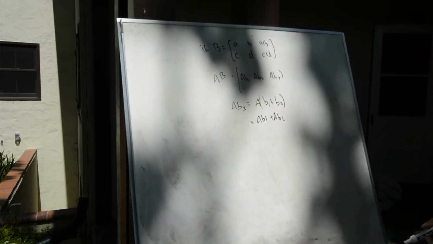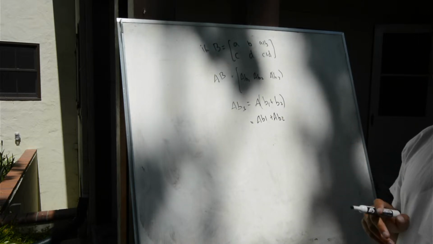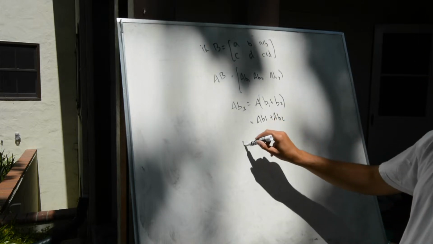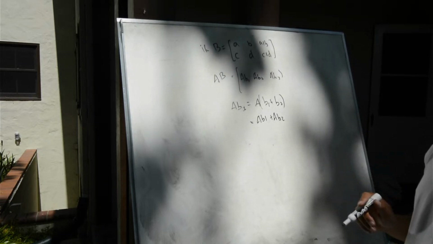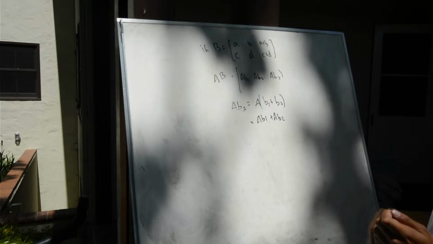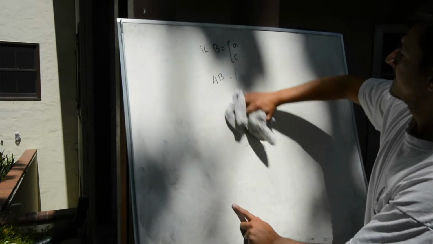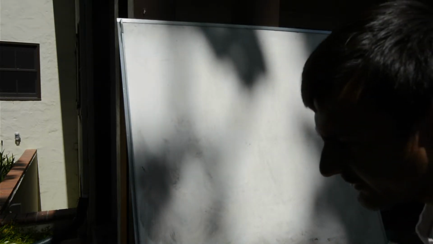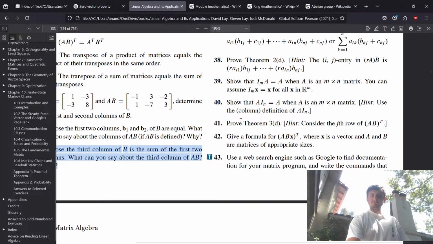So the point is that the third column of the resulting matrix is going to be linearly dependent. No way around that. So that's the answer to that one. All right, moving on. So 27 is done.